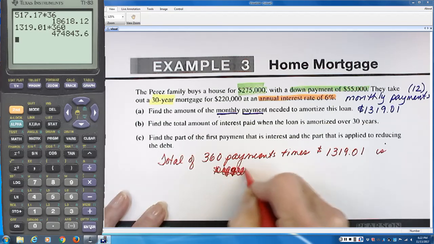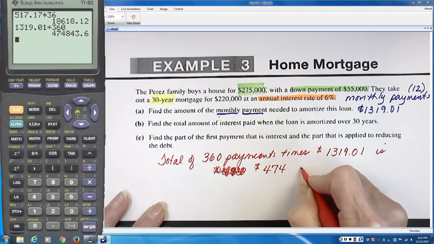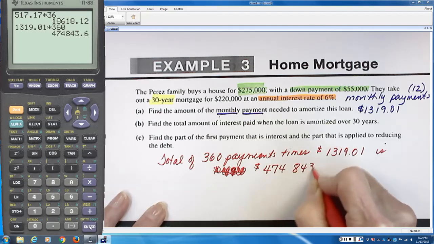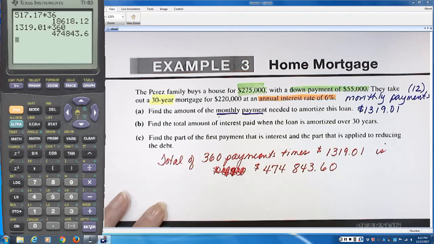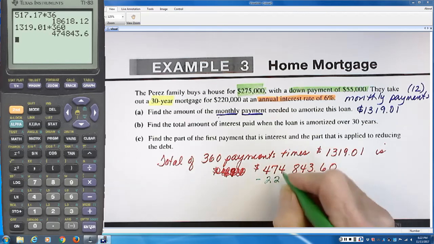But that doesn't take into account the fact that they borrowed $220,000.